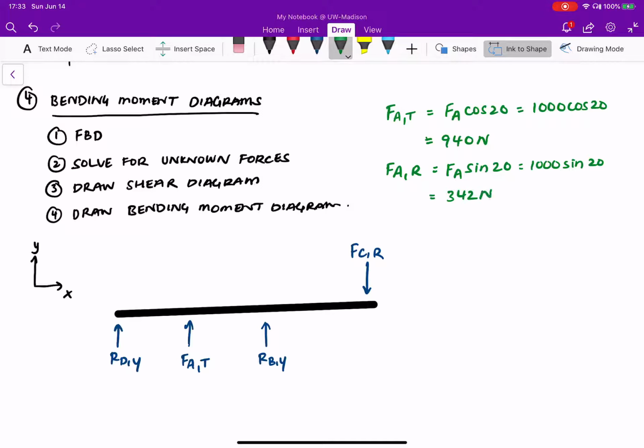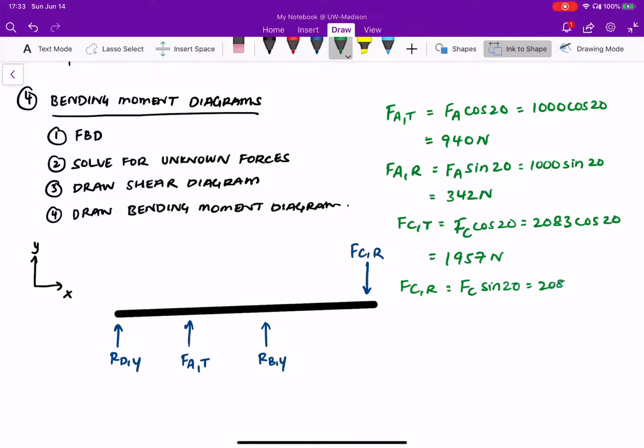342 newtons. Then FCT is 2 FC times cosine 20, which is 2083 times cosine 20. That's 1957 newtons. And then FCR, which is FC sine 20.